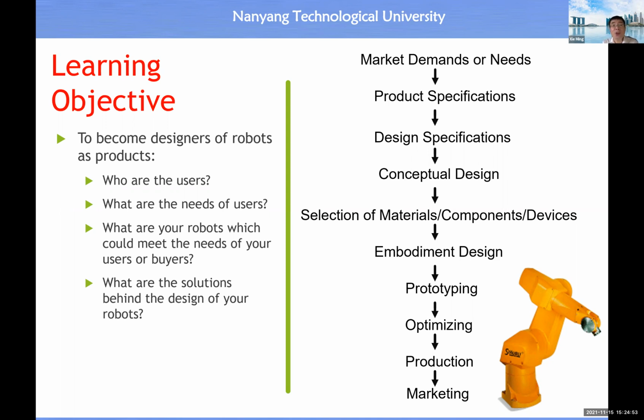Okay, so these 2 scenarios correspond to these 2 situations. The first situation is the case in which we have a buyer or user who looks for a product or system.